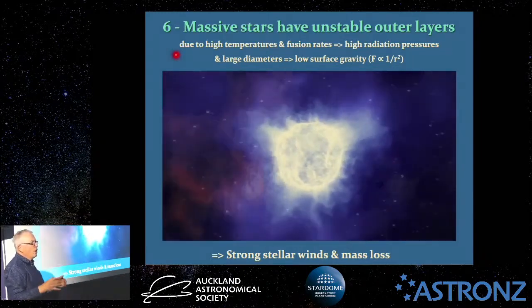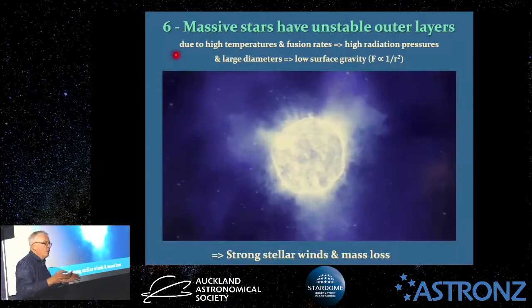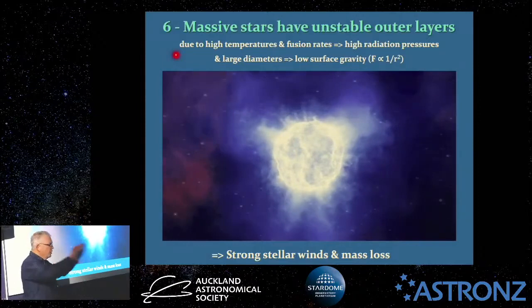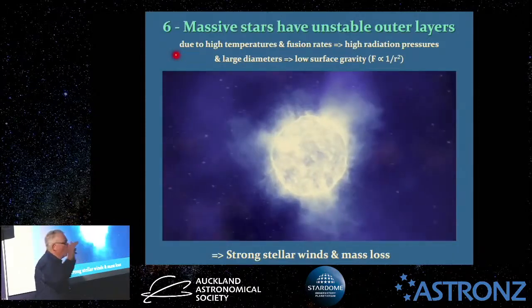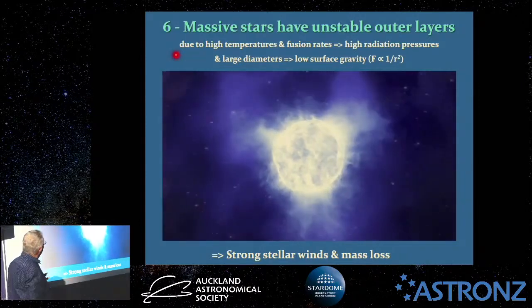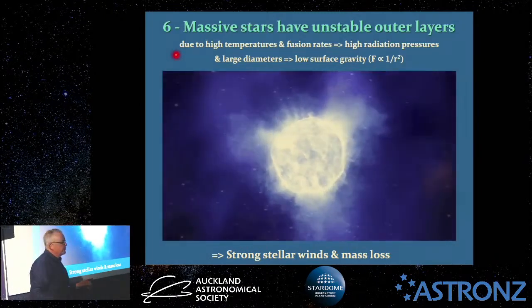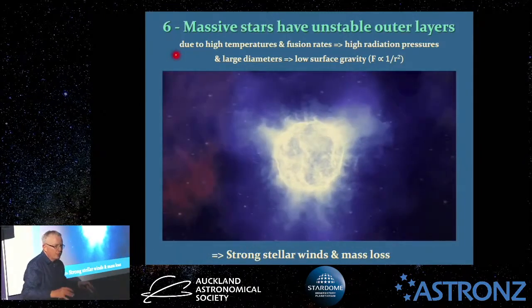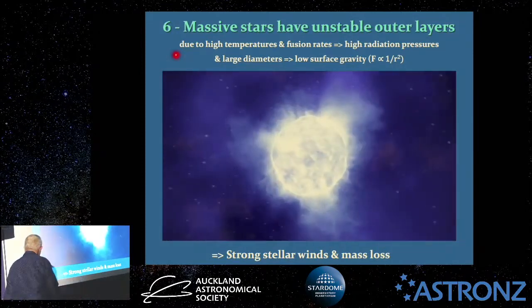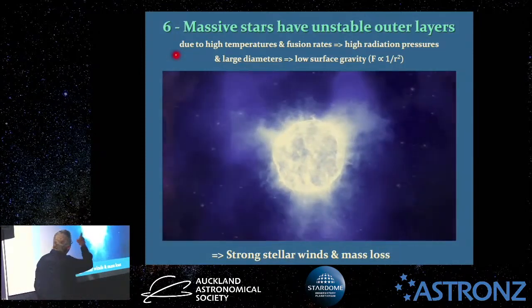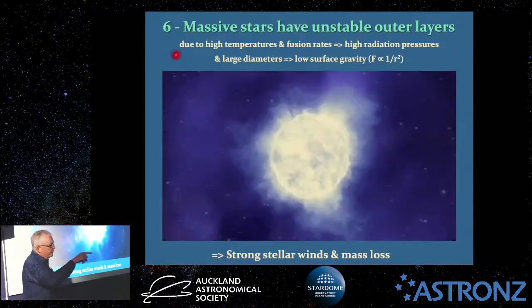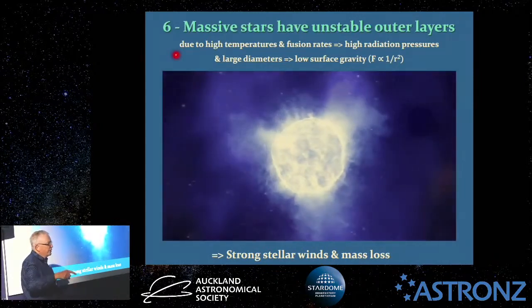They have very high, what they call radiation pressure on their surfaces. That's the pressure of that photon radiation just pouring out. There's that, and because they have large diameters, they have low surface gravity, meaning the force that's holding you down on something. To give you an idea, as I've written the formula up, the force is proportional to 1 over the radius squared, the inverse of the radius squared.